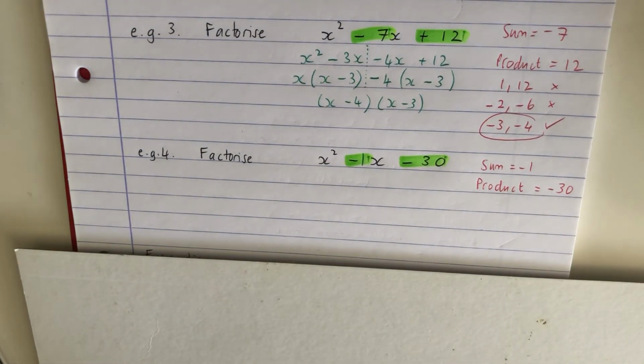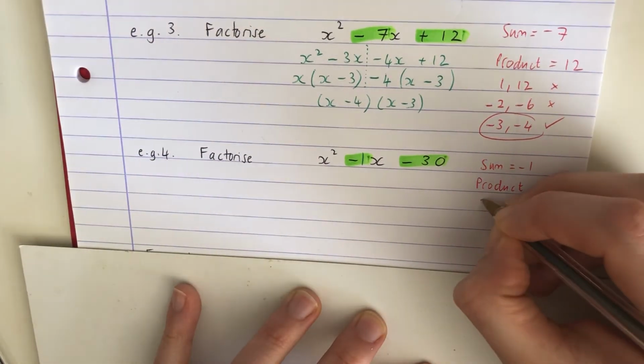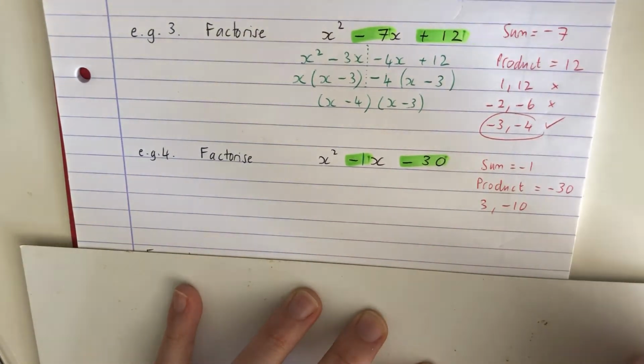And the only thing I can give you on advice for this is always focus on the product first. Numbers which times together to give -30. If you've got two numbers which times together to give a negative, they have to be different signs. So, for example, let's pick 3 and -10.